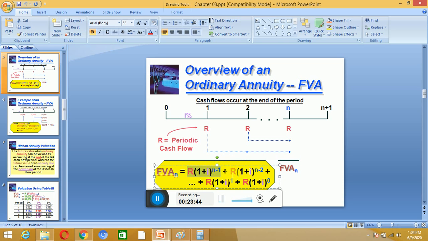The second year you will receive interest R(1 plus i) raised to the power n minus 2, means 5 minus 2, means 3 years. Then R(1 plus i) raised to the power 1, and so on. The second last year you will receive interest (1 plus i) raised to the power 1.